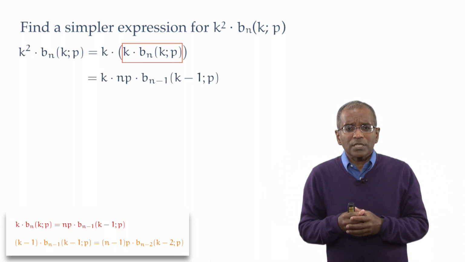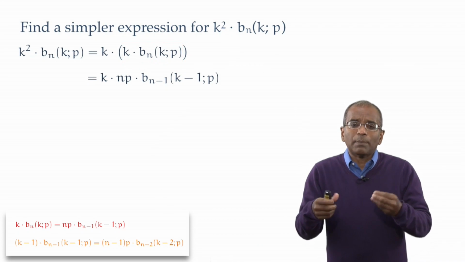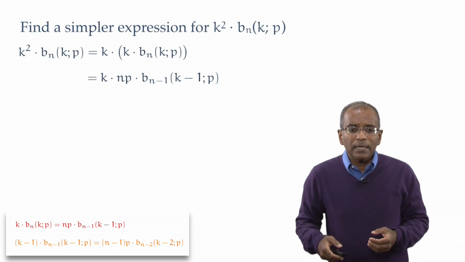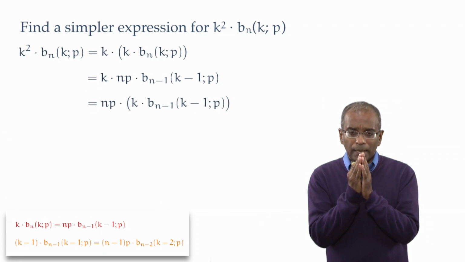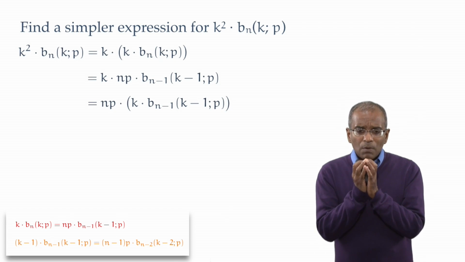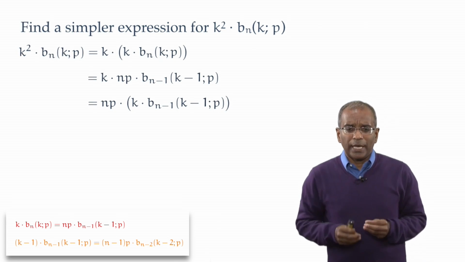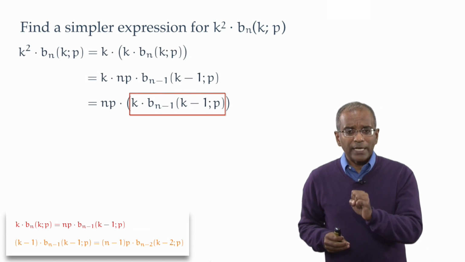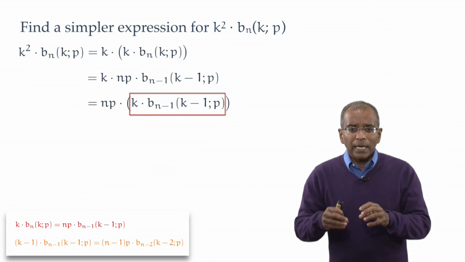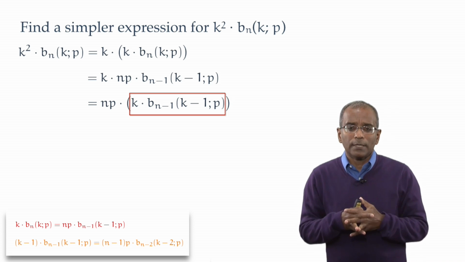Let's massage this, collect terms, put k and the binomial probability back together, and now we've got an expression that we wish to massage further. Now, this looks promising. Inside the round brackets on the right, I've got k times the binomial probability involving n minus 1.